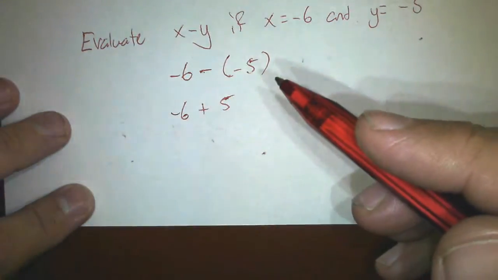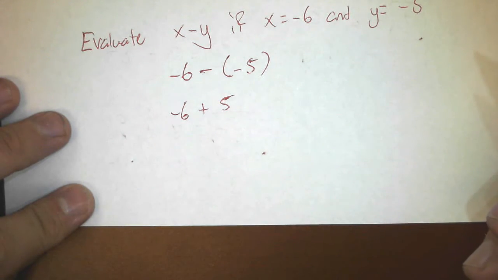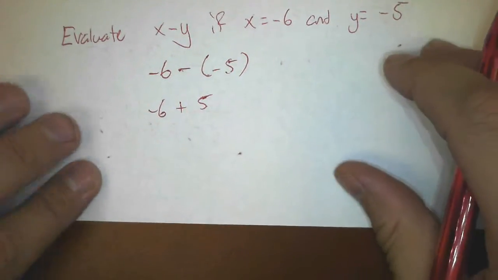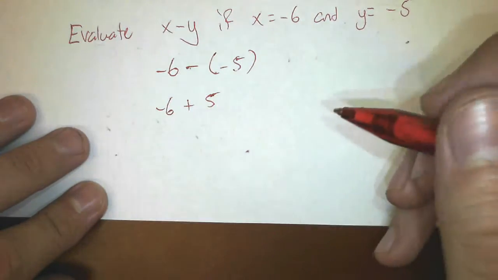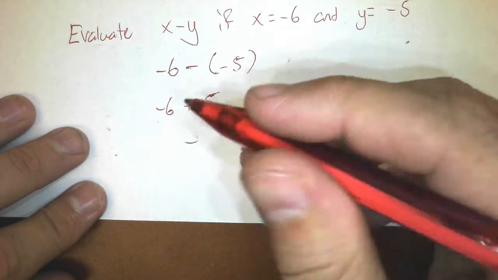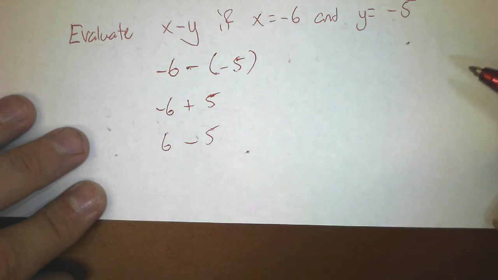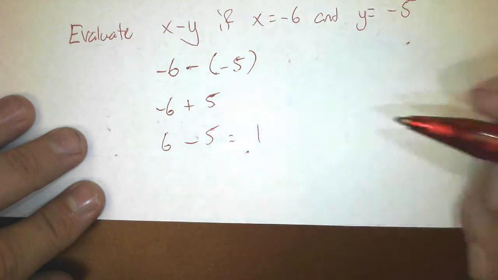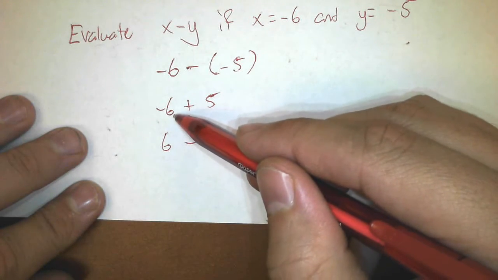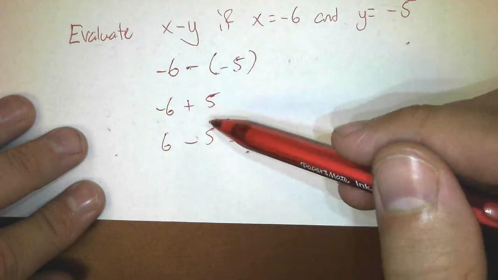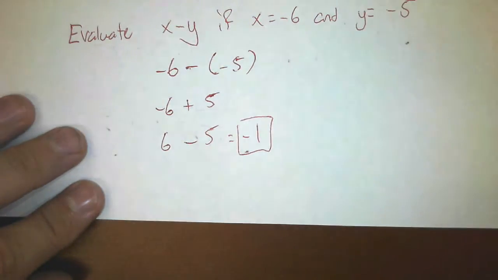Again, I'm going to use my rule where I have two different signs and I'm adding the integers, which means I'm subtracting their absolute values, which is 6 and 5. 6 minus 5 equals 1. And since my absolute value of negative 6 was higher than my absolute value of 5, my answer is negative. Negative 1.